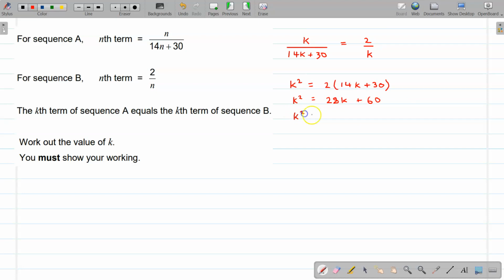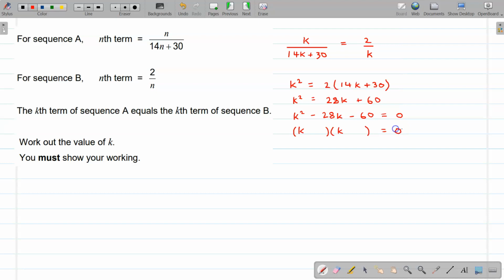So k squared minus 28k minus 60 equals 0. Okay, and then I need to try to factorize it, which I can do. It's going to look something like this.